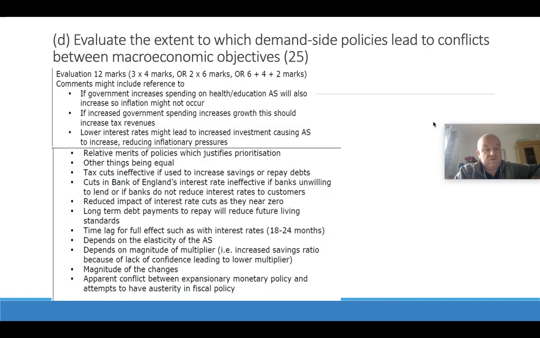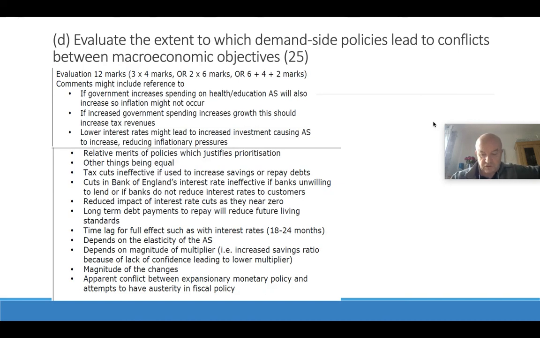And once you've effectively provided that balanced view in terms of whether you believe that there is to some degree some sort of conflict between those macroeconomic objectives under demand side policies, coming up with a decent judgment paragraph to explain how you've arrived at that particular choice in your answer.